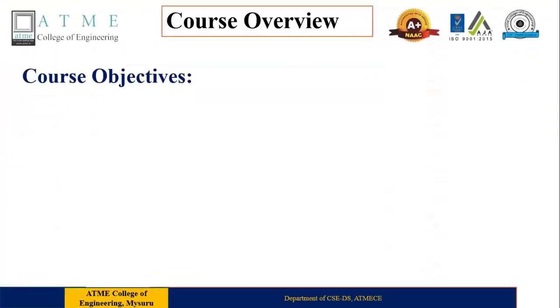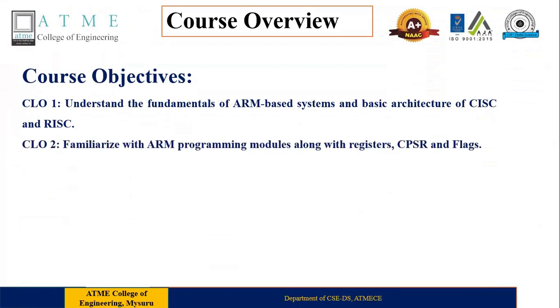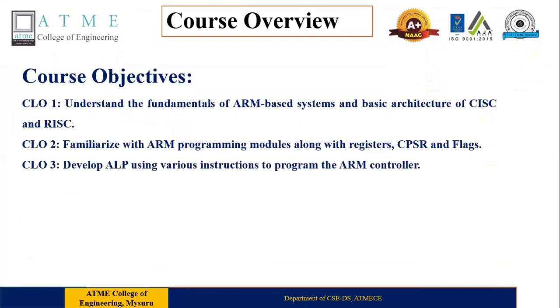Coming to the course overview, the course objectives. The first objective is to understand the fundamental concepts of ARM-based systems and the basic architecture of RISC. The second is getting familiarized with ARM programming model along with registers, CPSR and flags.